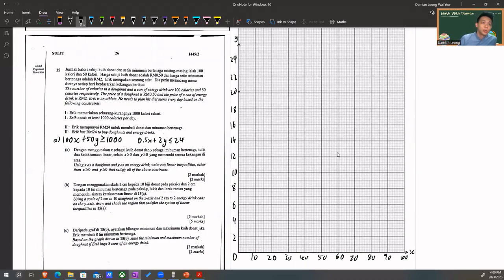If y is 0, 100x is 1000, means x is 10. It's just here. So the line will basically be like this.